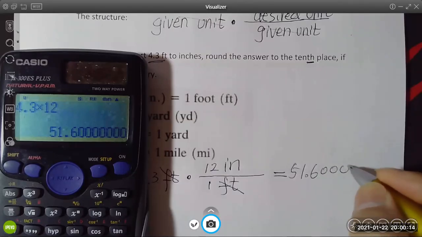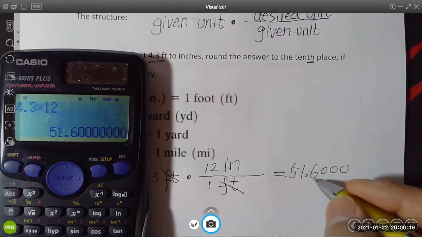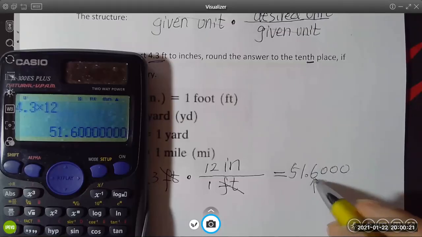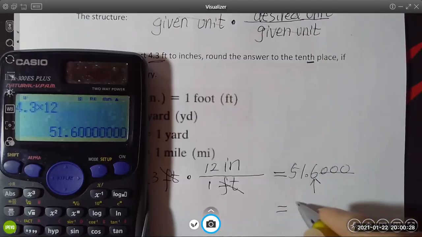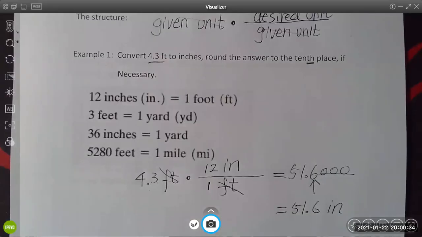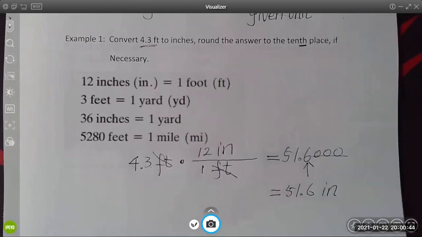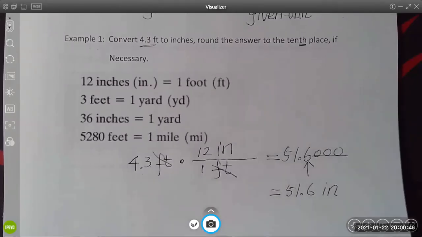My calculator displays all of the digits, whether it's divided evenly or not, but we want to have 1 decimal digit, which is this. The one to the right is 0, so it's truncated because it's smaller than 5. So our final answer is 51.6, and don't forget the unit. That means 4.3 feet is equivalent to 51.6 inches. So we finished our first example. Now let's look at the second one.